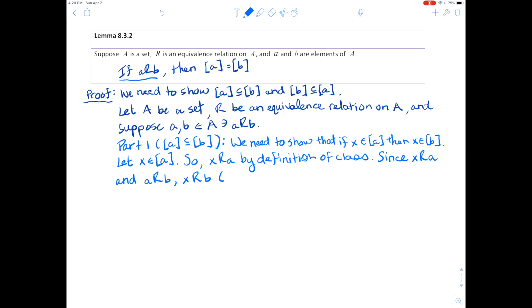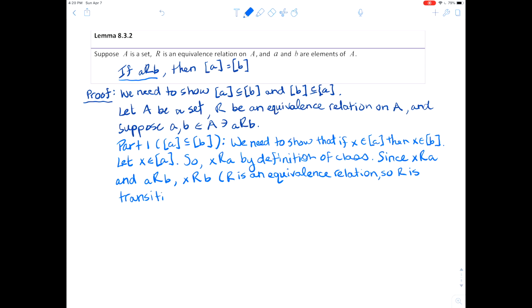Because R is an equivalence relation. So that means what? So R is transitive.